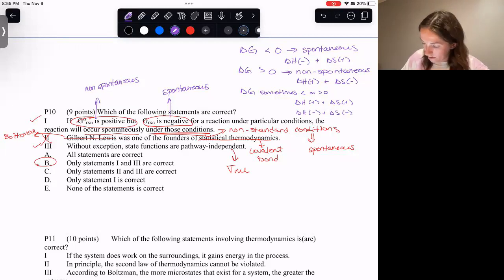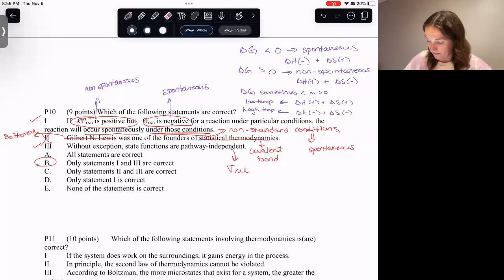At low temps, the first one will be spontaneous, and at high temps, the second one will be spontaneous. I so lied, that's the opposite. Sorry.